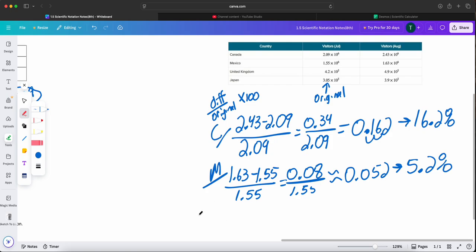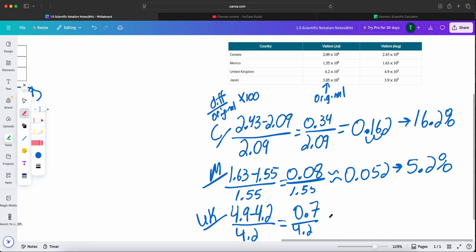Then we move on to the UK. This one is 4.9 minus 4.2 divided by the original of 4.2. If I subtract those, I get 0.7 divided by 4.2, which is about 0.167. So that would become 16.7%. So now UK has the greatest.